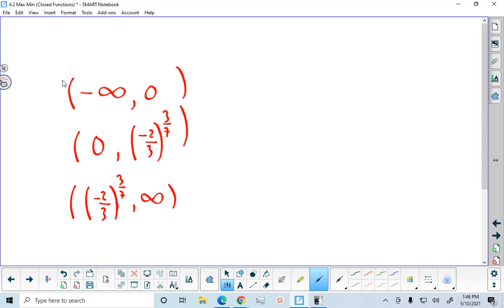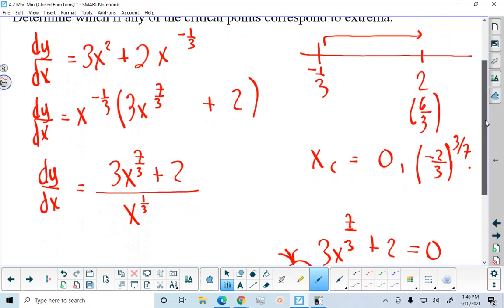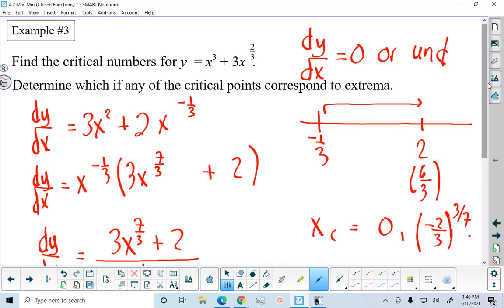Across the top, we're going to put x to the third and 3x to the 7/3 plus 2. I want to go back and just make sure I wrote that down correctly. I did. Oh, it's not 4x, it's x to the third.